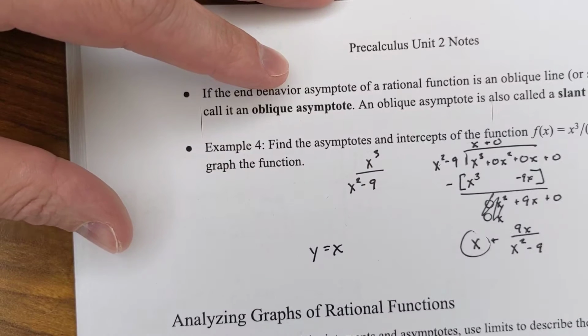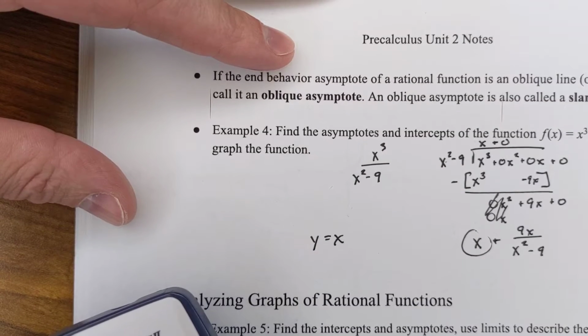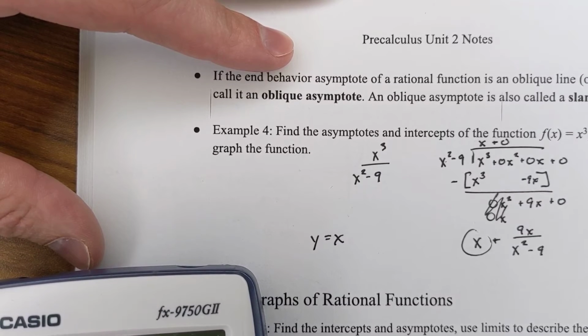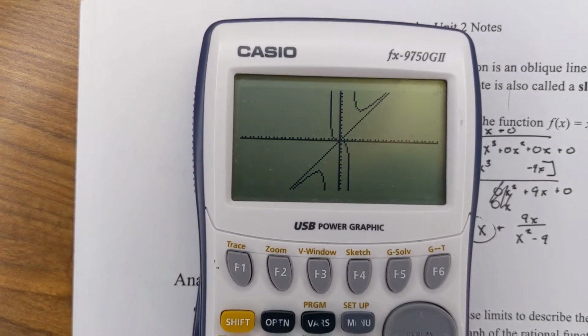And if I graph this, x cubed on top over x squared minus 9, and we'll graph the line y equals x. There we go. So there is my graph.